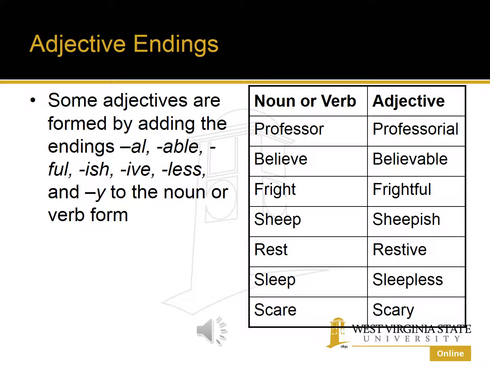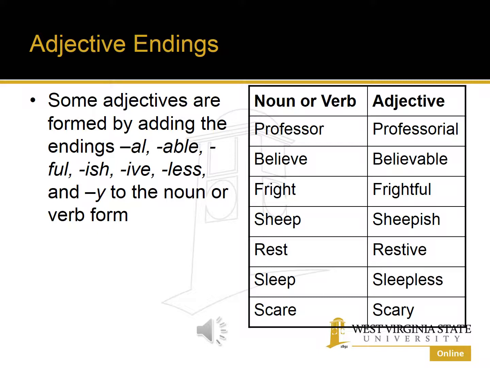So for example, we have the word professor. If we add IAL to the ending, we have professorial. Or we have the verb form believe, and we have the adjective believable. ABLE is added to the word to make it an adjective.